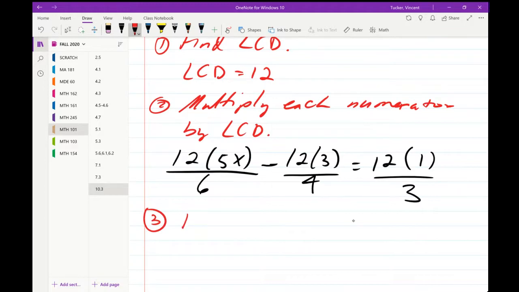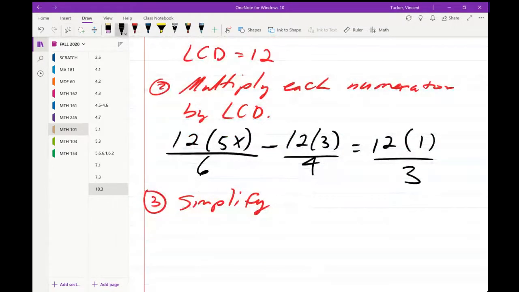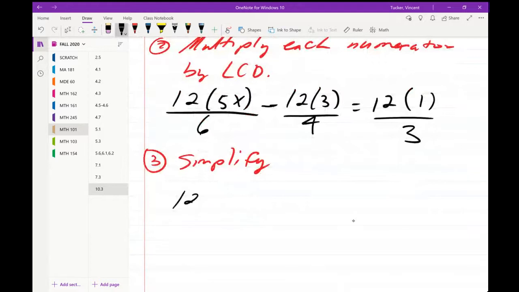So next step is to go ahead and simplify. I'm just going to rewrite this here.